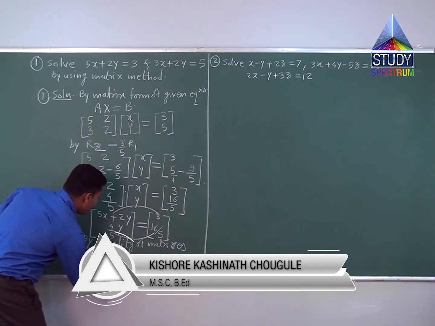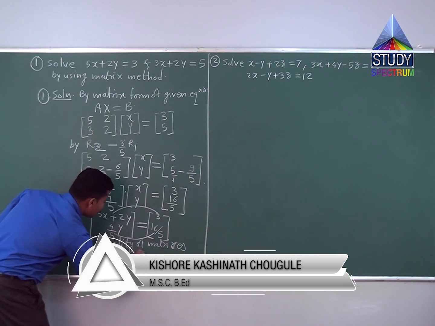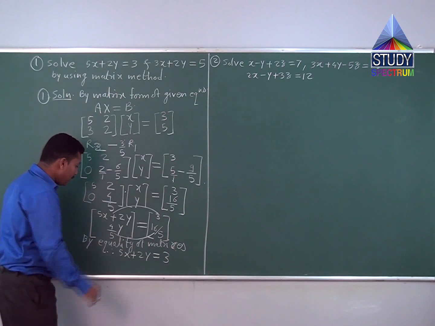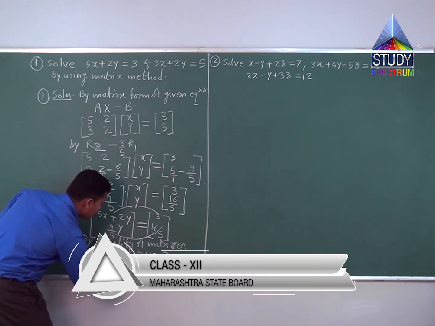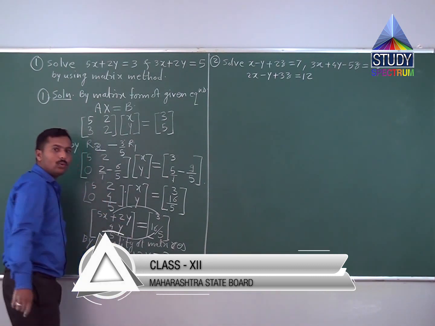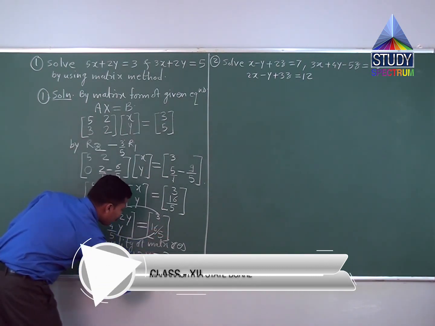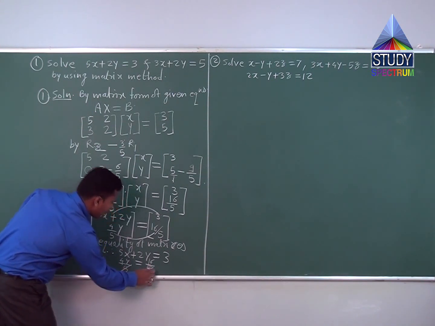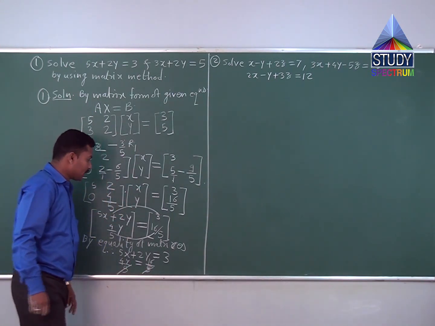So therefore we have 5x plus 2y equal to 3, and 4y upon 5 equal to 16 upon 5. So this 5 gets cancelled. 4y equal to 16.